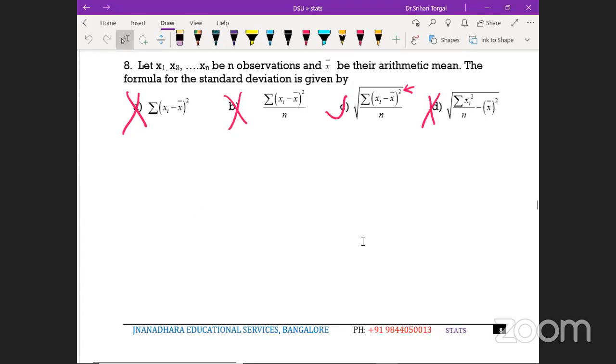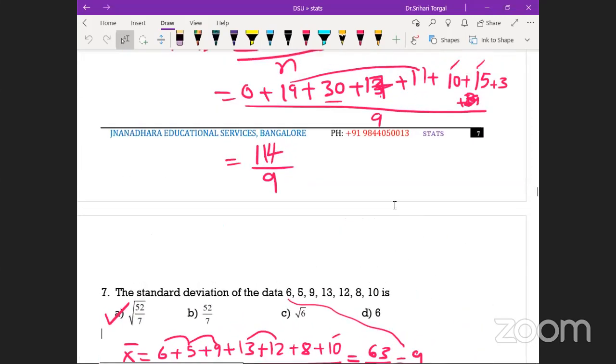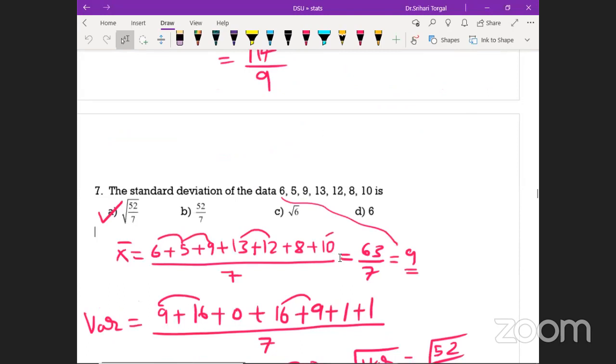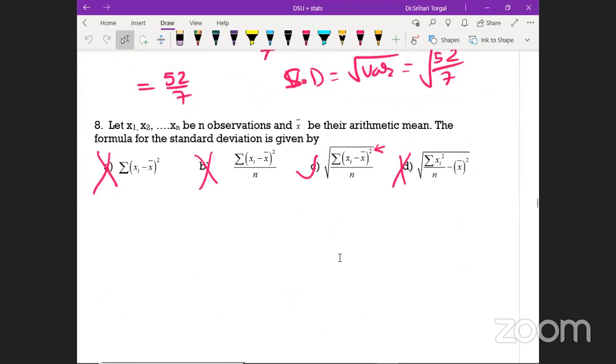Why is D not the standard deviation? X bar is not divided by n. No, x bar itself is sigma xi by n, whole square. No, there is something missing, right? Whole square was missing, right?